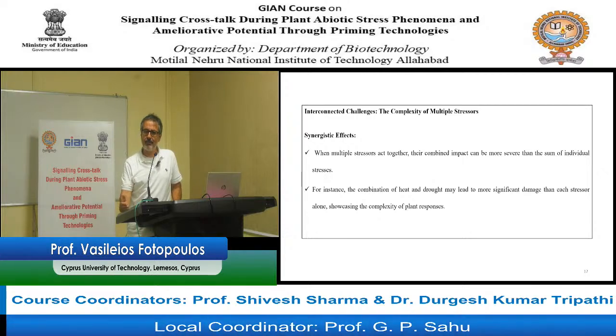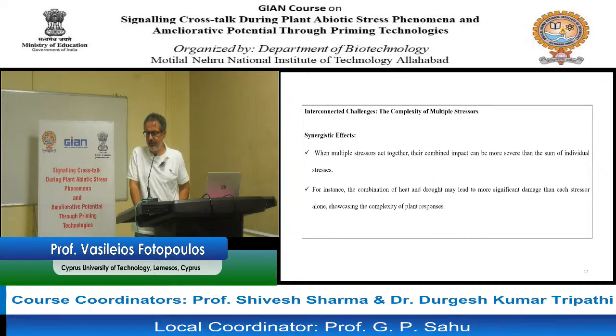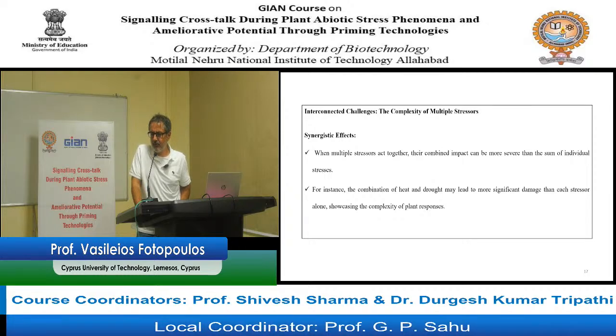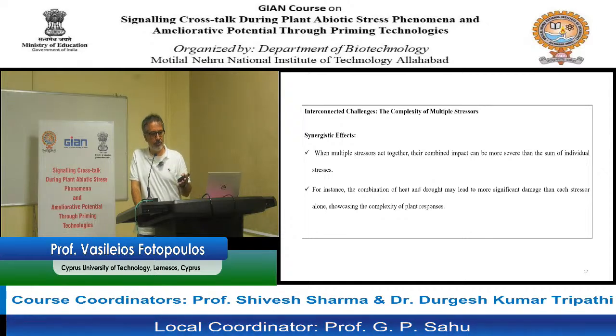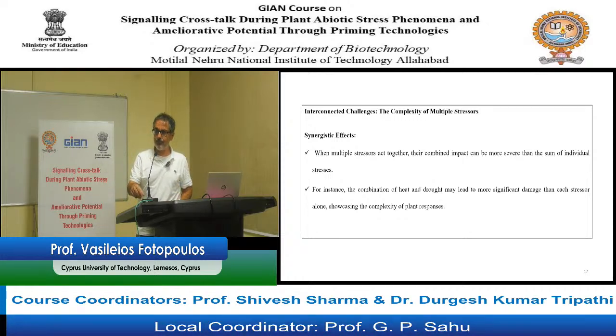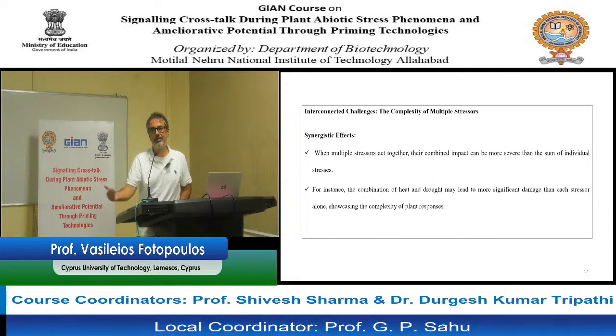The relative damage is not identical, meaning that, for example, in my group, we've done in the past studies where we applied water scarcity, water deficit to plants in addition to mite infestation. We were using Tetranychus urticae, which is a very common mite in horticultural crops. And actually what we did see is that the combination of the stressors was more damaging to the plants, but in terms of individual stressing, the drought stress was much more damaging to the plant than the mites themselves.